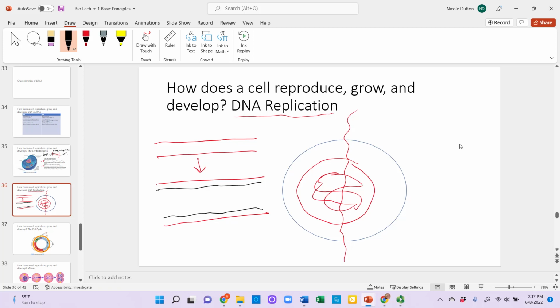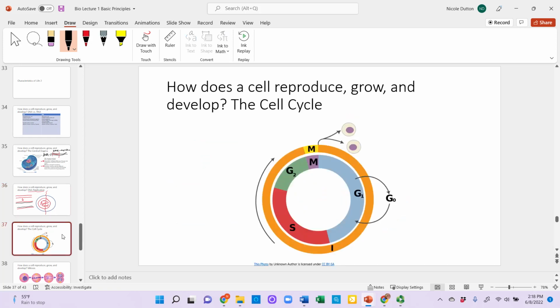So in order for a multicellular organism to get bigger, or to be able to replace dead cells or have more of itself, we need to go through the process of cellular reproduction. So I'm going to talk about the cell cycle for the eukaryotic cells.